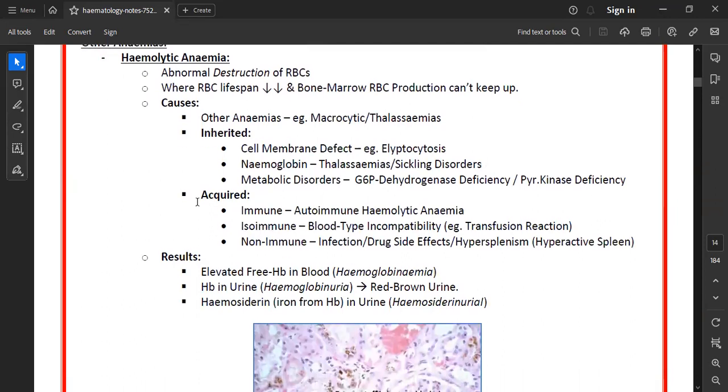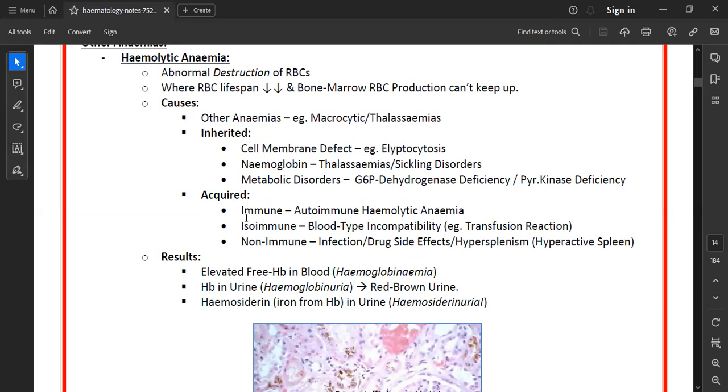So anemia can also be acquired. You can have autoimmune hemolytic anemia, which is where your red blood cells are perceived to be pathogens and destroyed. Isoimmune or blood type incompatibility, where if you're transfused with blood that is not compatible with you because of the antigens or antibodies present, you have a transfusion reaction.